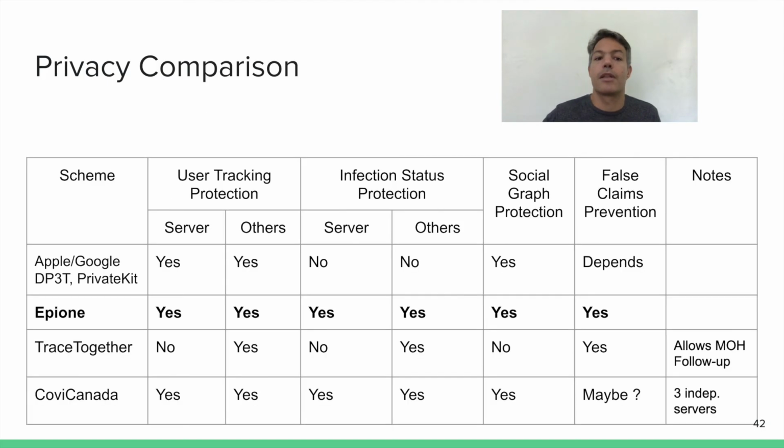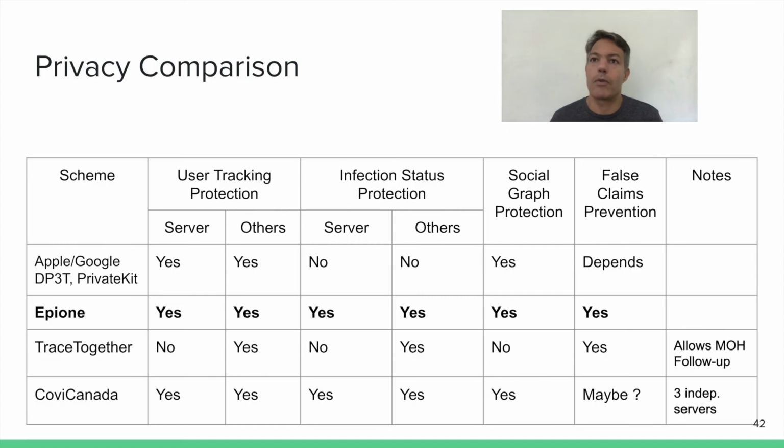So this has all the advantages of PSI with no false positives and requires a lot less bandwidth than Bloom filters. Now, if we compare this approach to a lot of the existing approaches out there, Google and Apple's system is fairly famous. It's a very similar system to DP3T and PrivateKit, etc. This provides protection from a lot of the server-side privacy attacks, but not from a lot of user-side things in terms of infection status and so on.